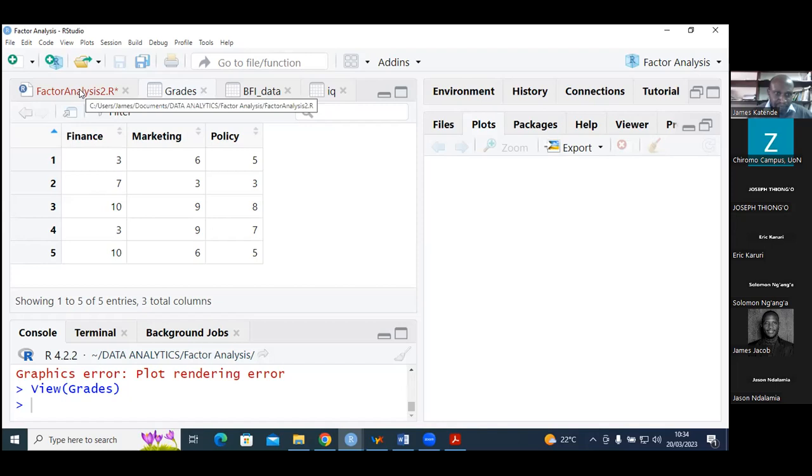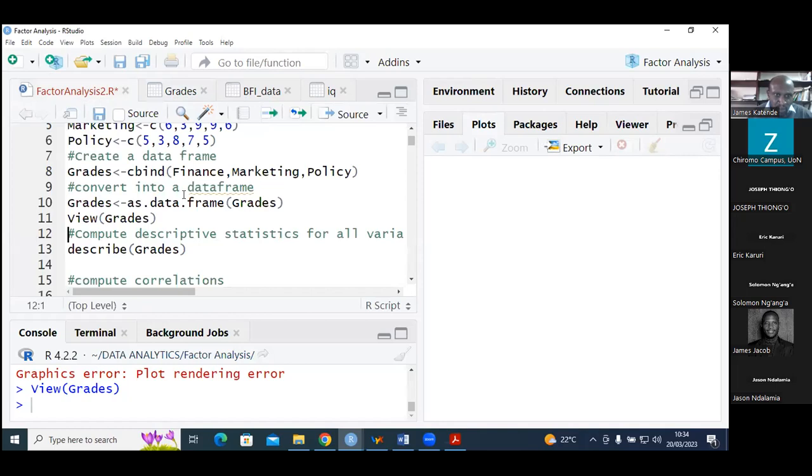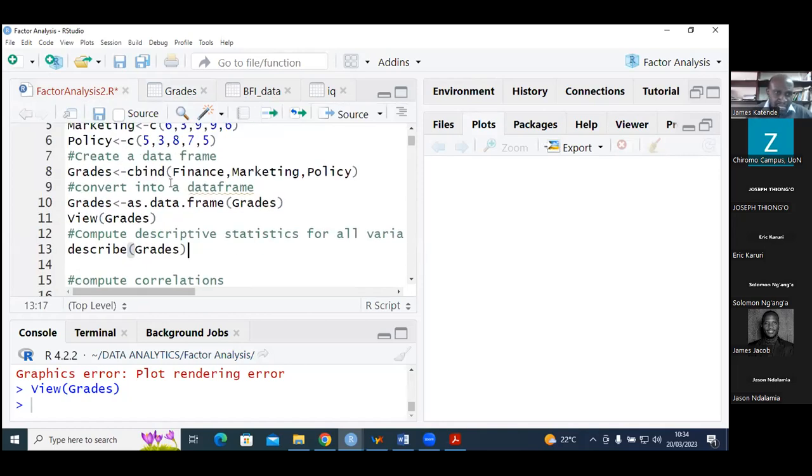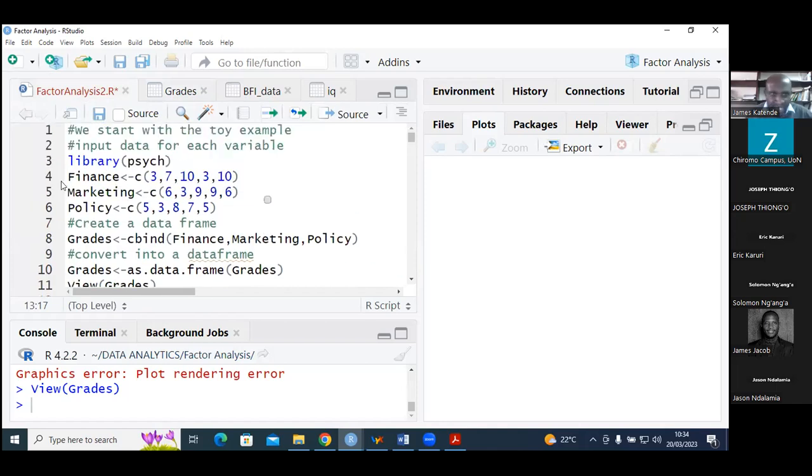So usually you may want to do some preliminary analysis. There's this psych package that is required for, or you can do it in another way, but the command I want to use is available in this psych package.